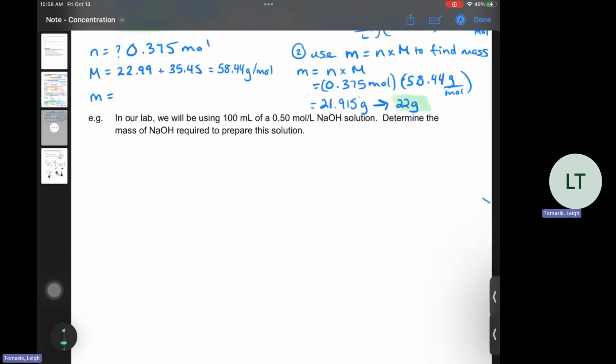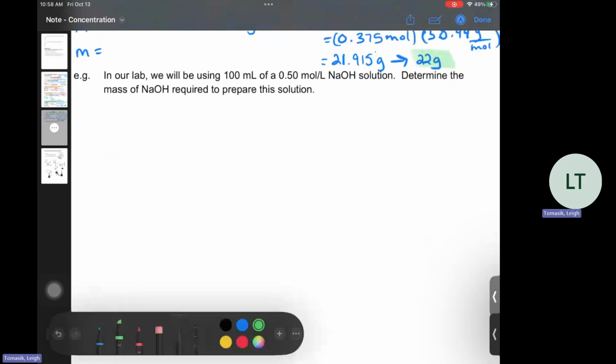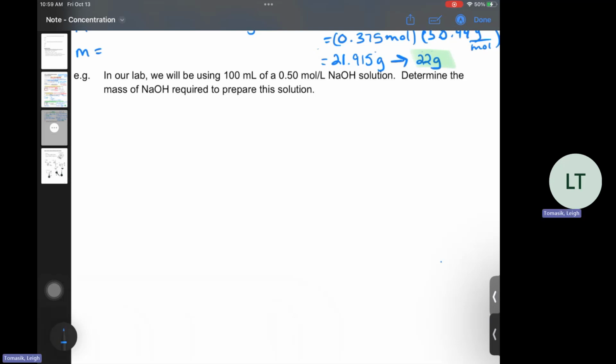Now it says in our lab, or the lab that I used to have with children in high schools, we will be using 100 milliliters of a 0.50 mole per liter sodium hydroxide solution. Determine the mass of sodium hydroxide required to prepare the solution. So this is a volume. This is a concentration.